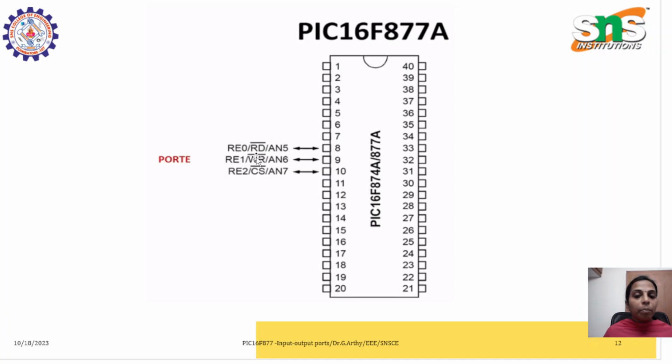Again, pin numbers 8 to 10 have other functionalities too, for reading or for writing. Meantime, they are also used as IO ports. That will be enabled or disabled depending upon the digital signals which we are giving.